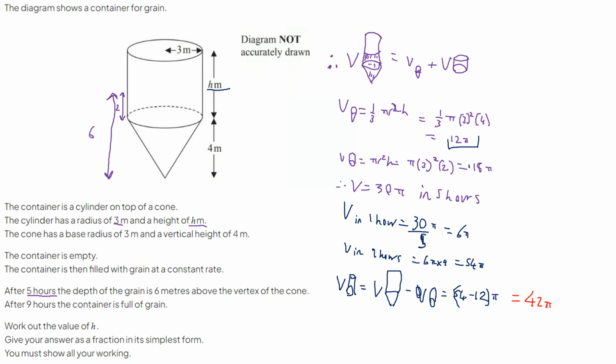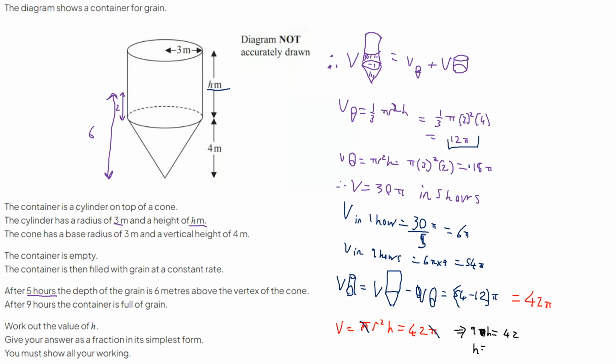And now what we can do is use this to work out the following. We know what the volume of a cylinder is. The volume of the cylinder is pi r squared h, which is equal to 42 pi. The pi's will cancel out, okay? So therefore, we can say that 9h is equal to 42.